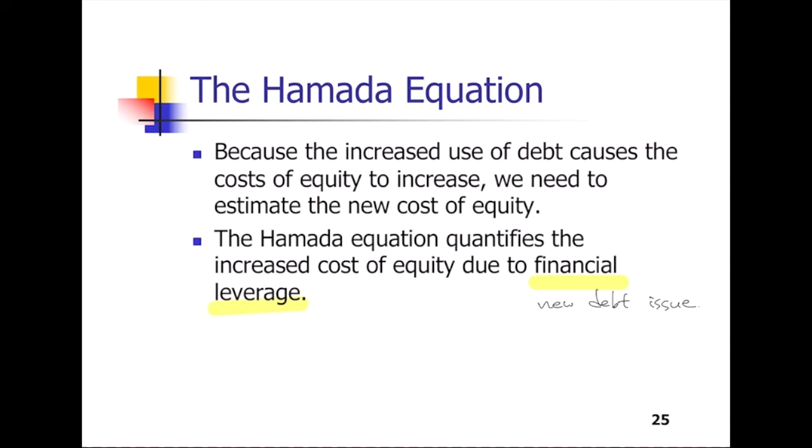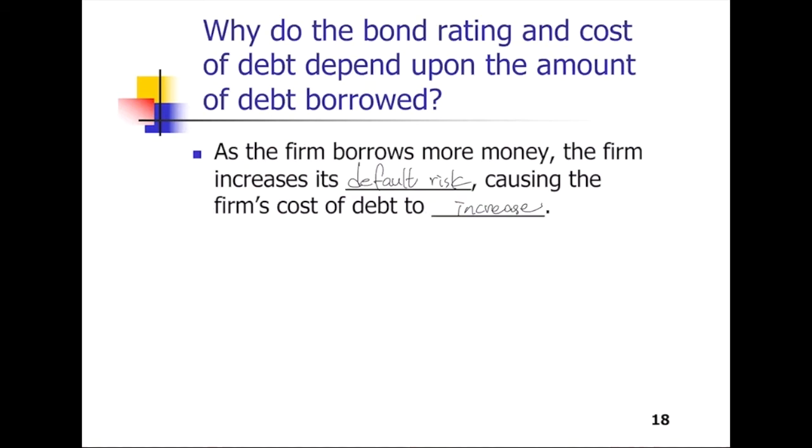So when firm issue new debt, it increase what? Increase cost of equity. Why? As we learned in this graph, as firm borrow more money, the firm increase its default risk, causing the firm's cost of debt to increase.